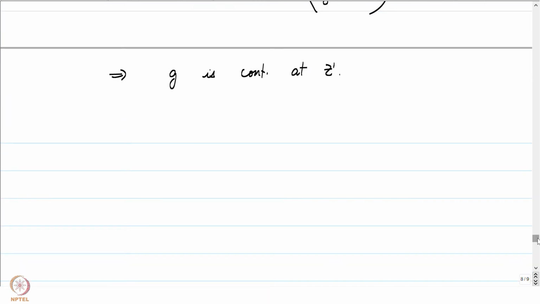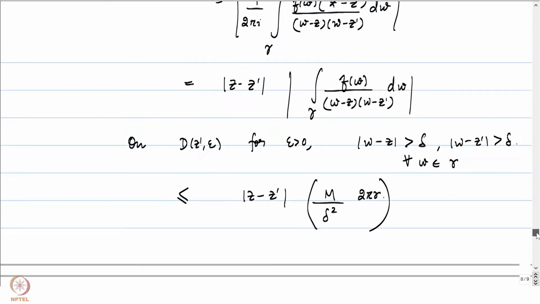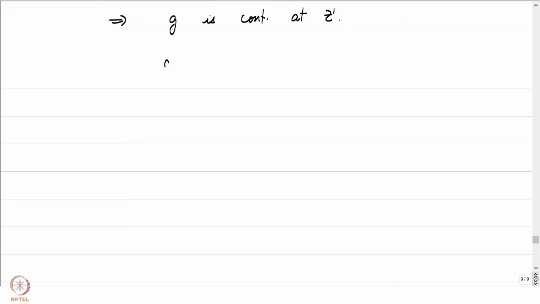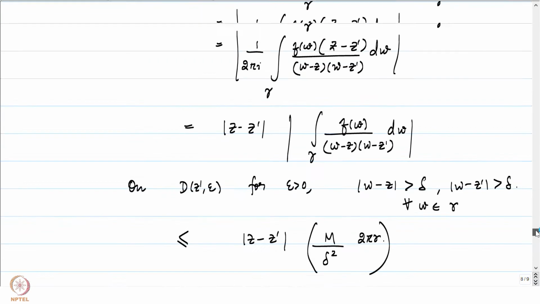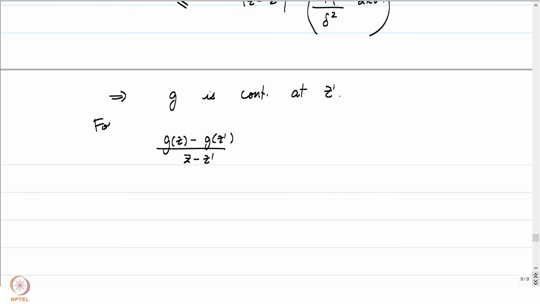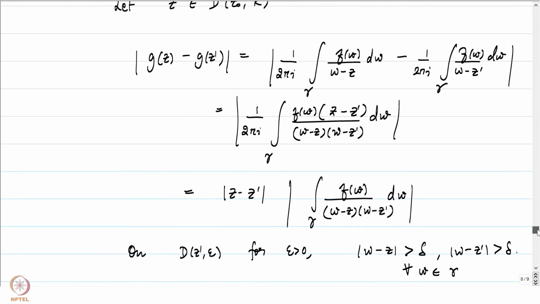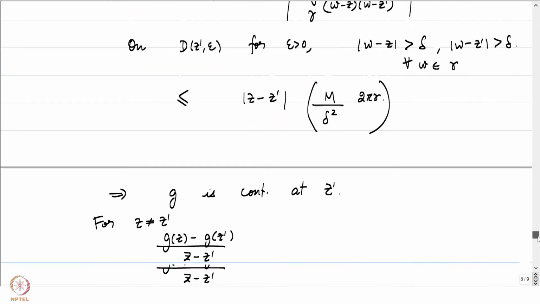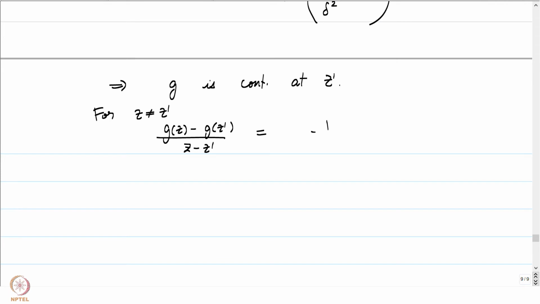Anyway, we have now even established that G is continuous. Now if you look at what is G of Z minus G of Z prime by Z minus Z prime, what is that going to be for Z not equal to Z prime? That's going to be equal to 1 by 2 pi i integral over gamma f of w by w minus z times w minus z prime dw.